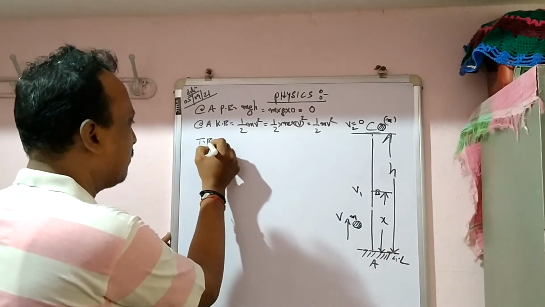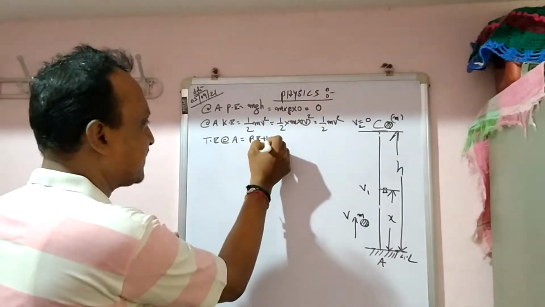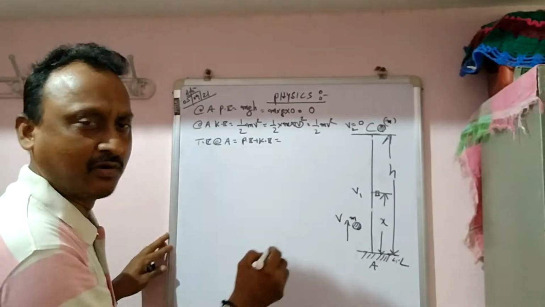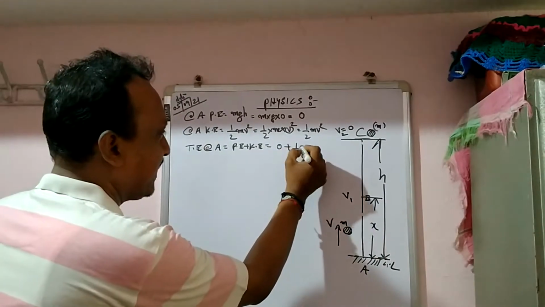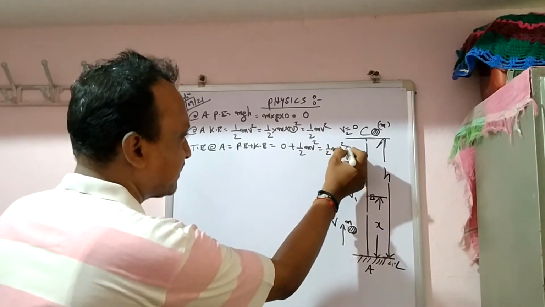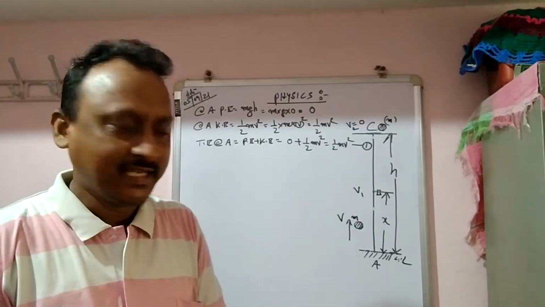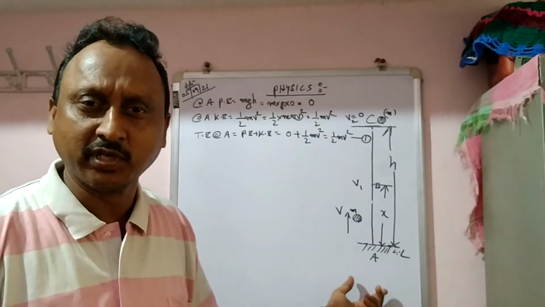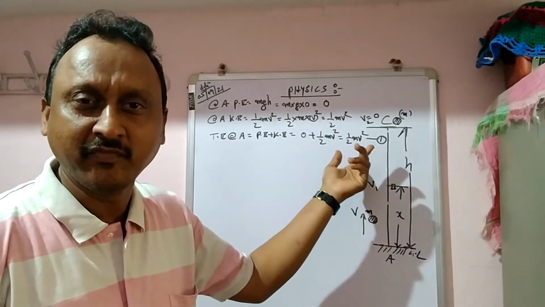Total energy at A is potential energy plus kinetic energy. Potential energy at A is 0 plus kinetic energy half m v square, which is equal to half m v square. So at ground level we have found the total energy, which is in the form of kinetic energy, half m v square.